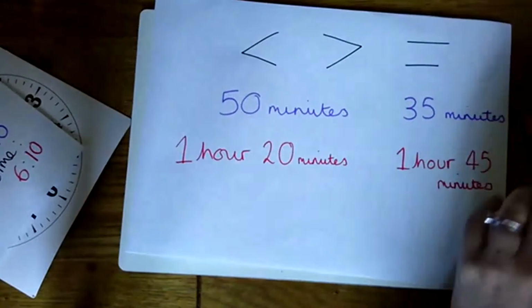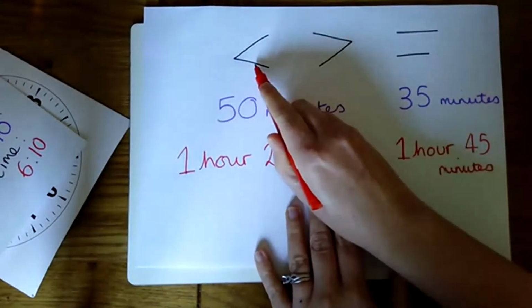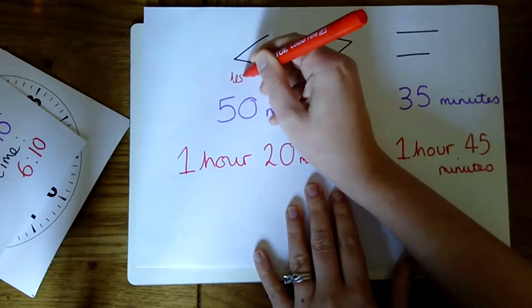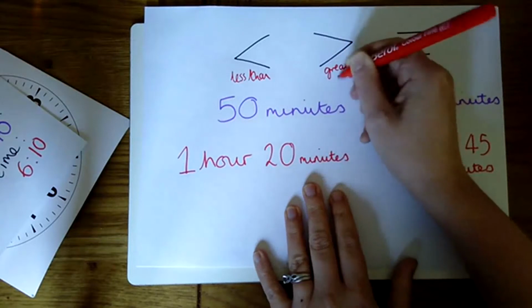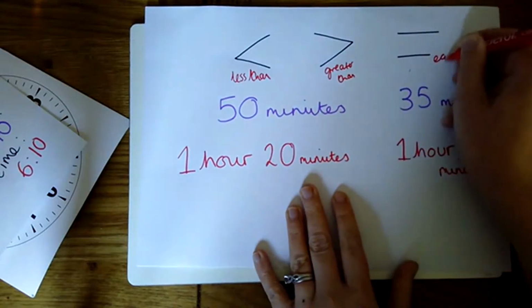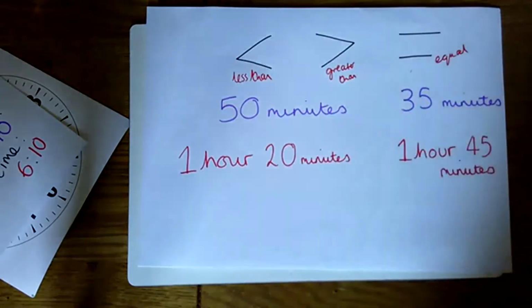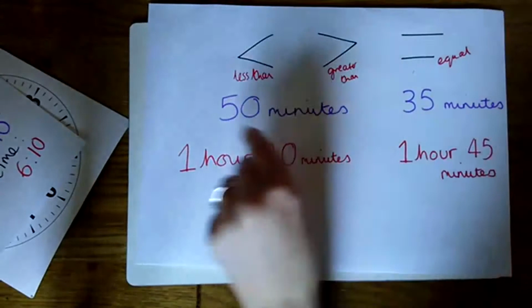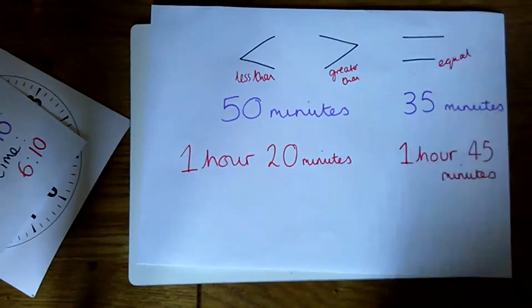And before we go back to our board, I just want to quickly run through our symbols. So this is less than, this is greater than and equal. Looking at here, this should be fairly straightforward. 50 minutes, is that greater or smaller than 35 minutes?